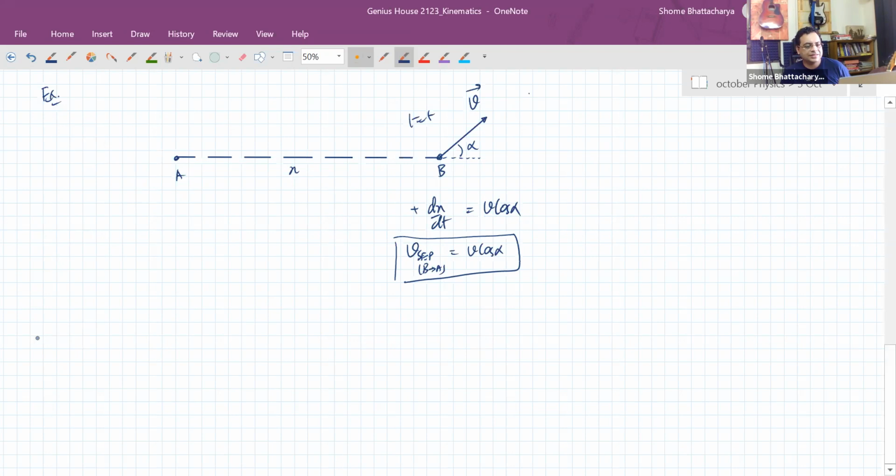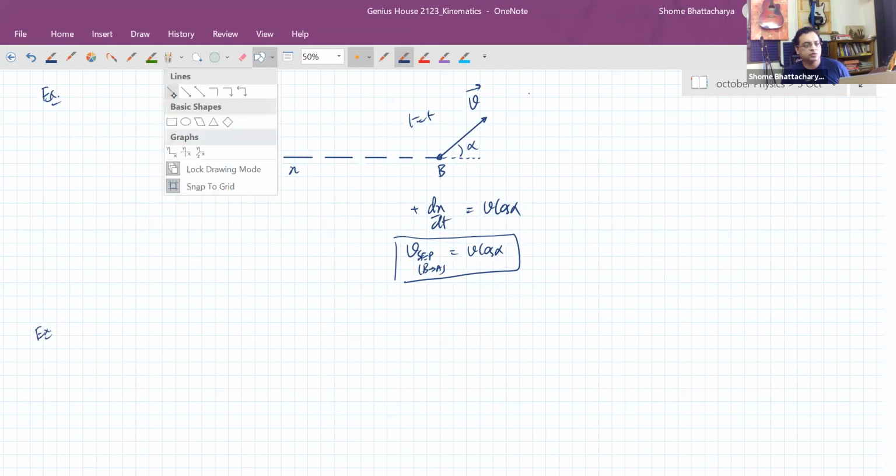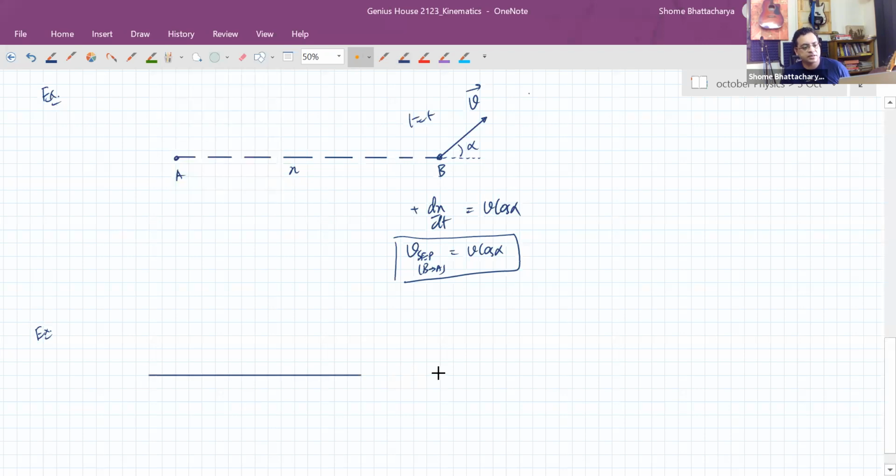So now we can generalize this situation further, and we can say that suppose A and B were both in motion in random directions. Though I'm drawing this diagram in 2D, it will apply equally in 3D also. Suppose one of them has a component of velocity perpendicular to the plane of the diagram. Even then, this concept that we are applying will hold true.